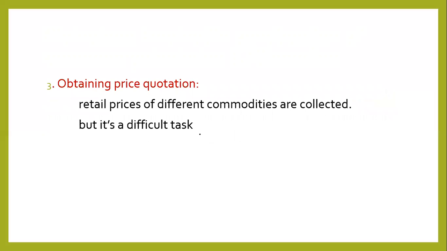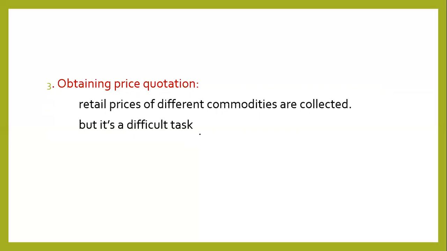Third one is obtaining the price quotation. When you construct a consumer price index, you consider the retail prices of various commodities. As you are taking retail prices, it becomes a difficult task because it varies from one commodity to another.